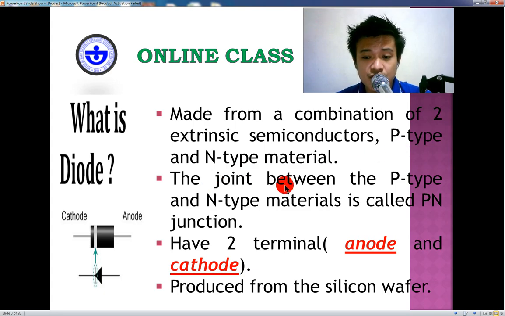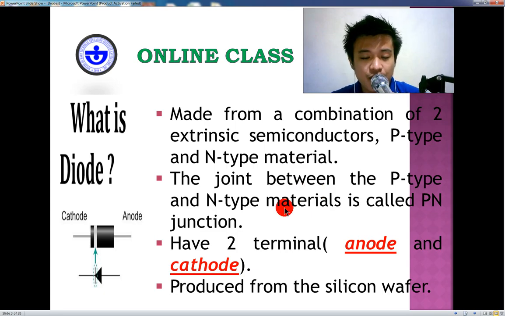The joint between the p and the n-type materials is called the p-n junction. So it means in between these two types, for example, on one side is the p type, and the other side is the n type. This part in which they are joined, we call it the p-n junction.